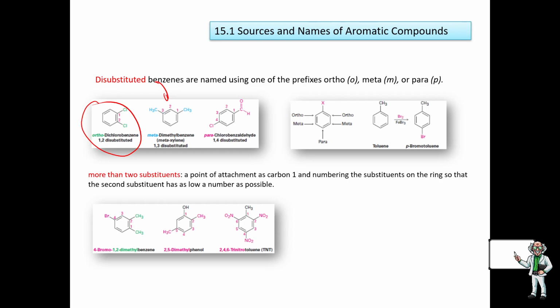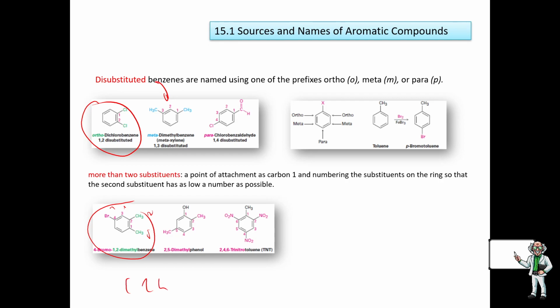If we have more than 2 substituents, what we need to do is to number, putting the carbon number 1 in the carbon that gives us the lower numeration for the substituents. For example, if we put 1 here, we have 1, 2, 3, 4. That means this will be 1, 2, 4.